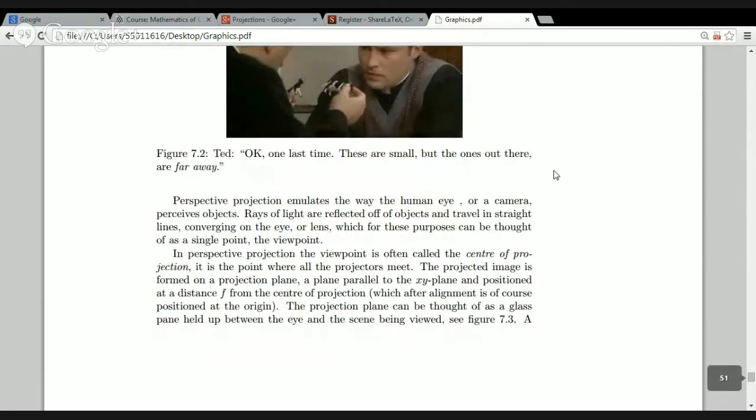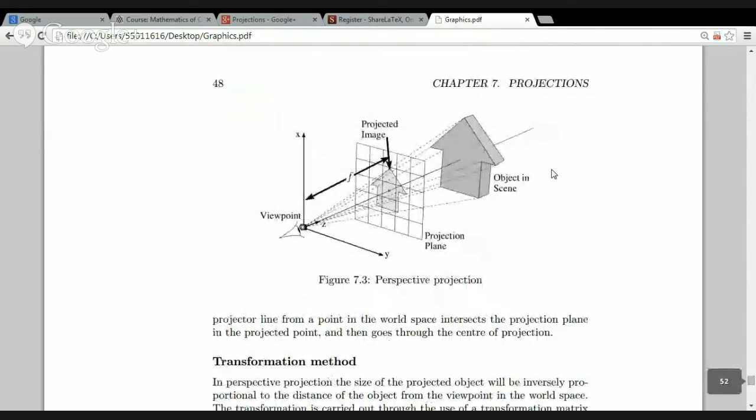So this is the notion of perspective. Things in the distance, if you want to produce a two-dimensional view of them, you should change the size. So the way this is achieved, let's have a quick glance at the diagram on the following page. Here's the viewpoint at the origin, and here's the object out in the scene.